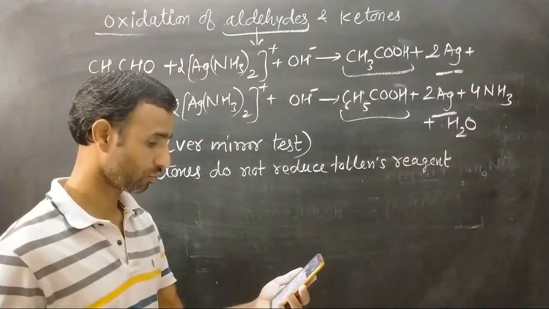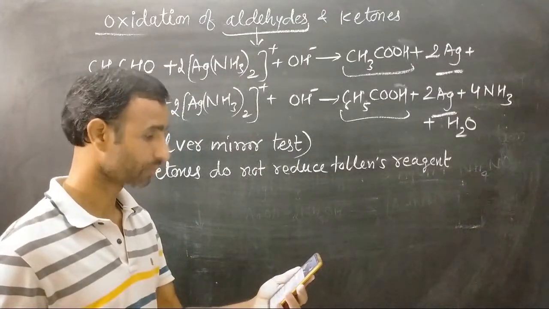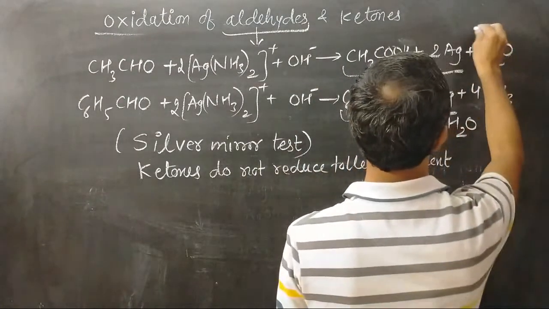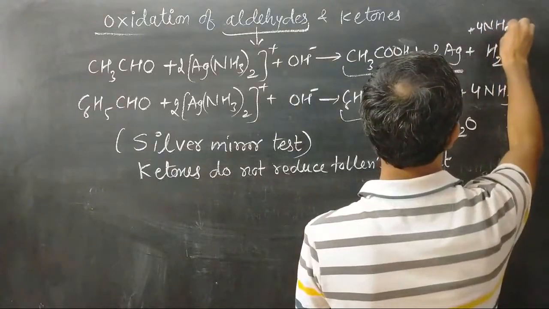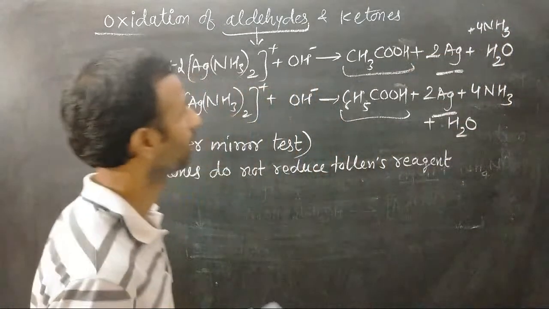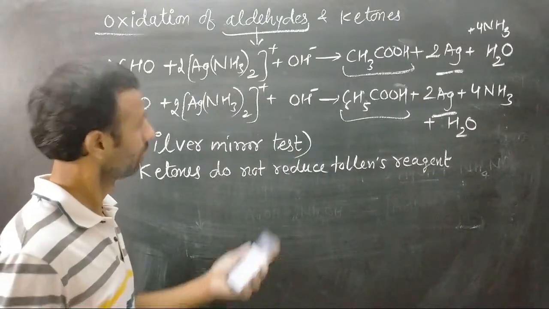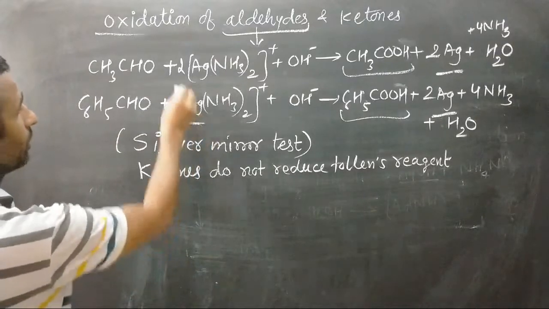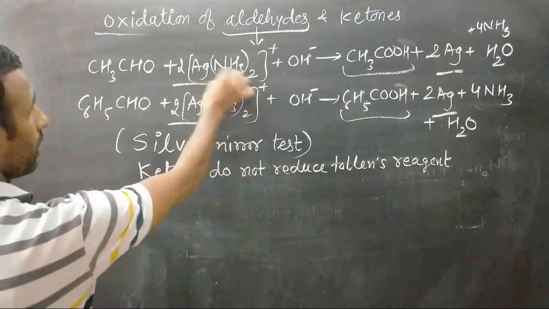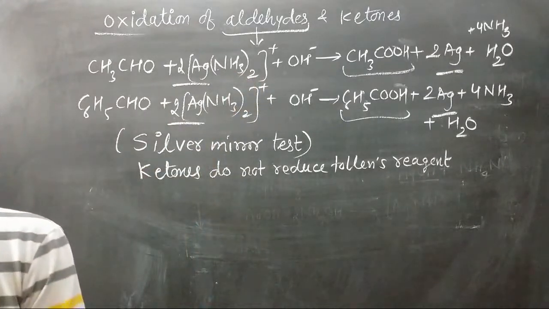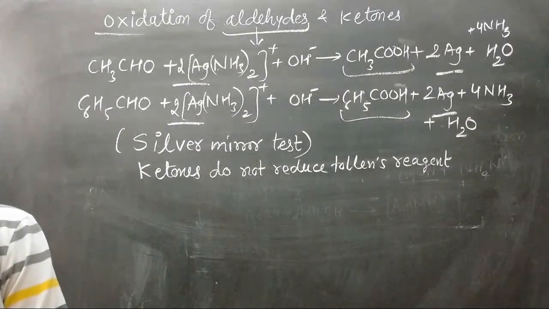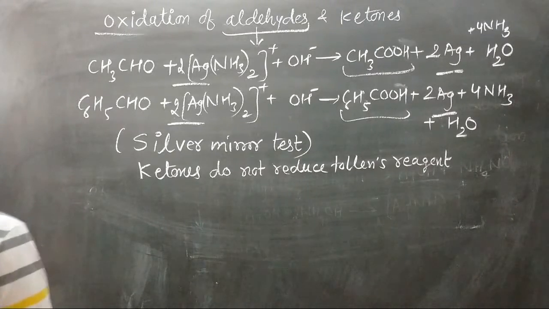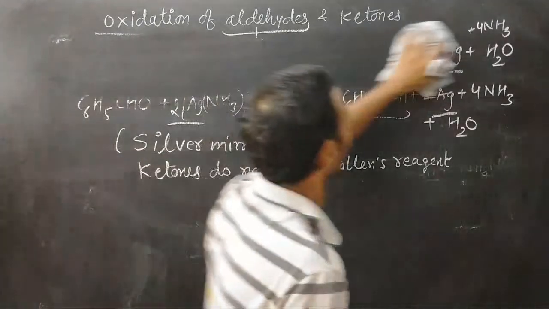Four NH3, 2 Ag and H2O. Anything left untouched? But it is like that only. It is 2 Ag only; see, ammonia is 4 times.